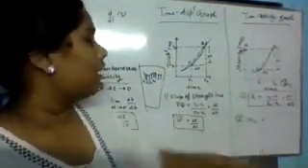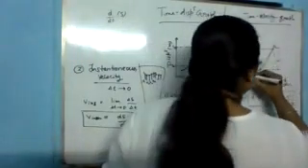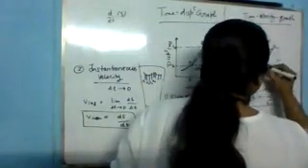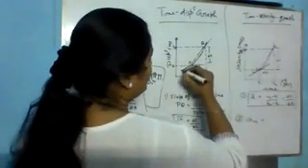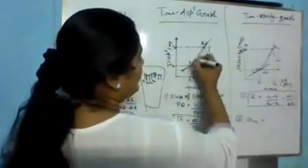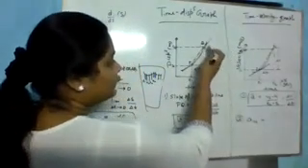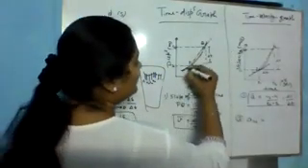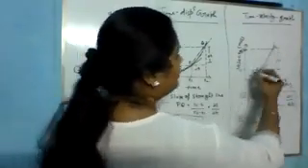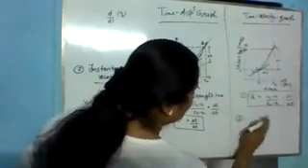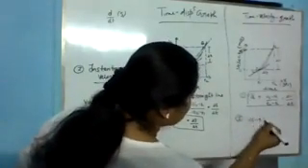Now when we talk about instantaneous acceleration, we are talking about the acceleration at this point. So the tangent goes like this. If Q is very near to P, then the tangent is like this. So in this case also delta t tends to 0.